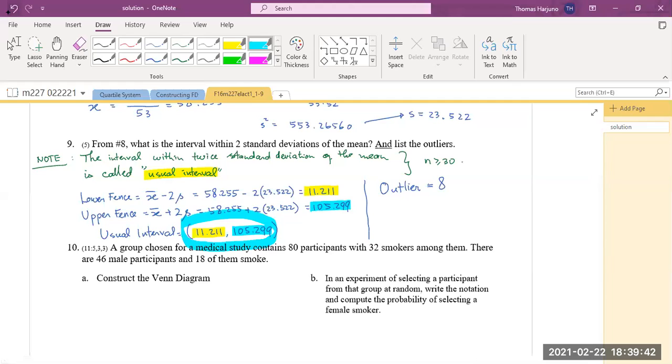Okay. Now, since all my tests number 1 to number 9 have the same questions, with different data of course, I strongly suggest that this weekend, let's say on Friday or Saturday, besides working on the quiz, I think we have quiz 1 and 2 due this Saturday.